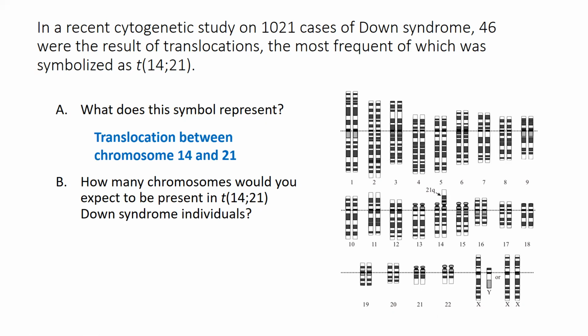So we can say that this symbol represents translocation between chromosomes 14 and 21. How many chromosomes would you expect to be present in T(14;21) Down syndrome individuals? We would see 46 chromosomes, right? Because you are not changing the amount of genetic material that is present.